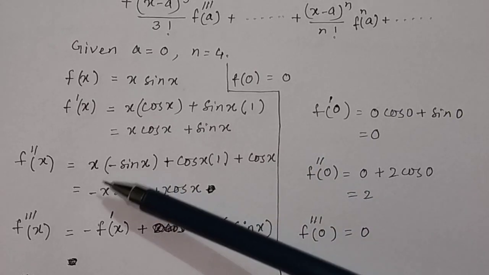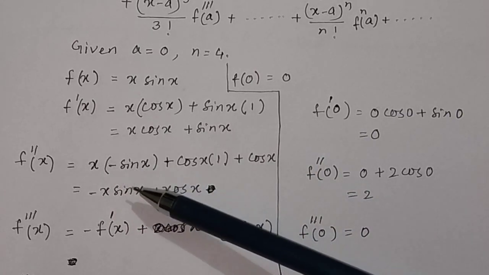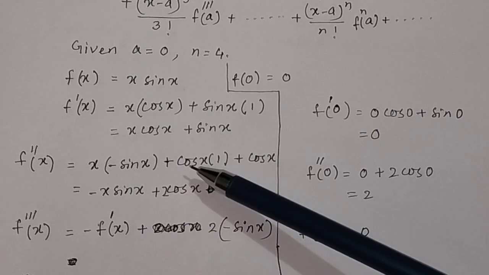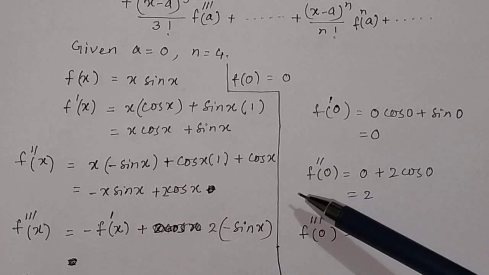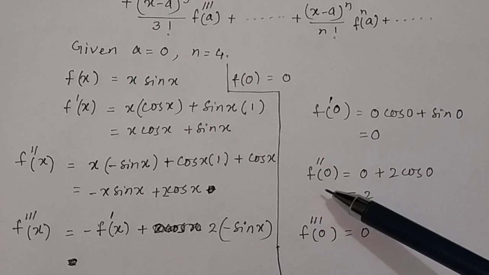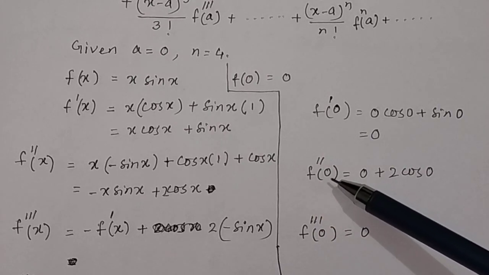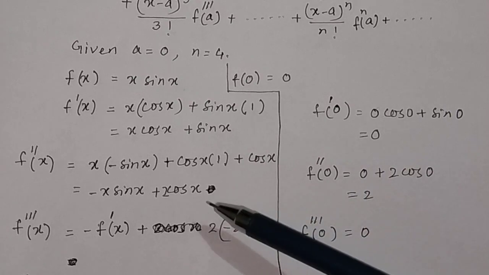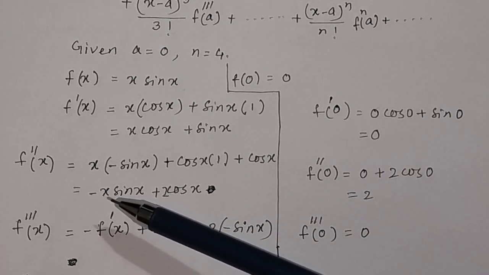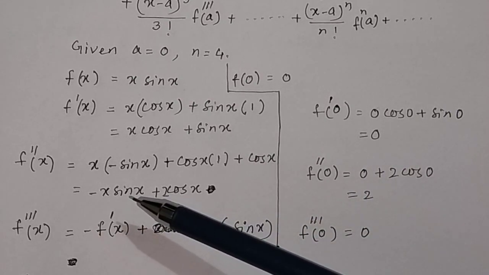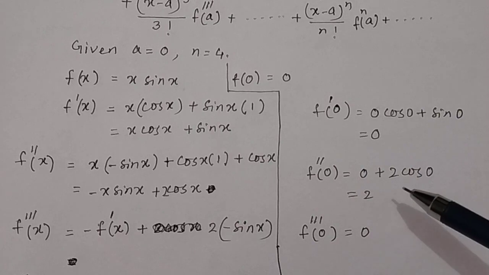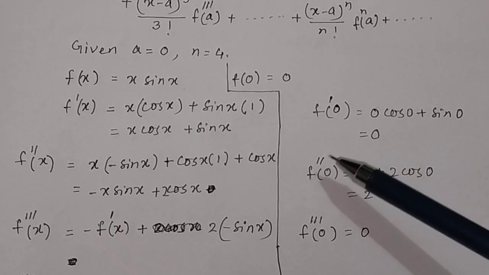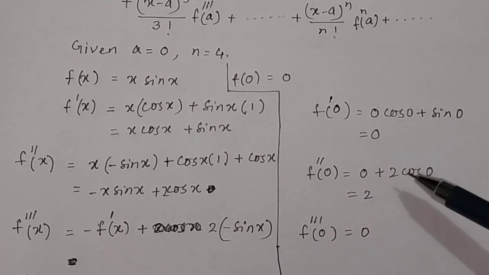So this will be minus x sin x plus cos x and cos x, so 2 cos x. What will be the second derivative of the function at x equal to 0? If you put x equal to 0 here, 0 into sin 0 will be equal to 0. Cos 0 is equal to 1, 1 into 2, 2. So the second derivative will be equal to 2.